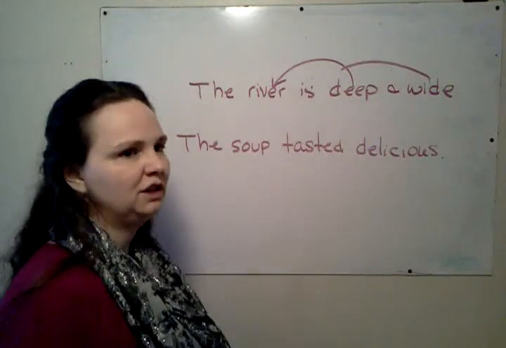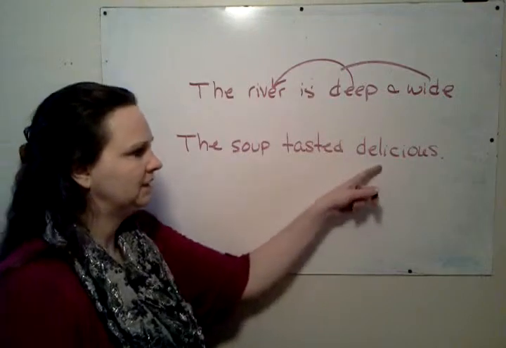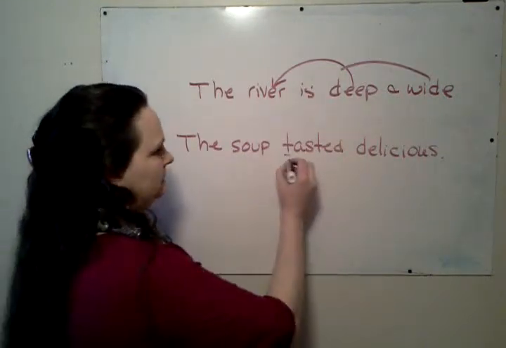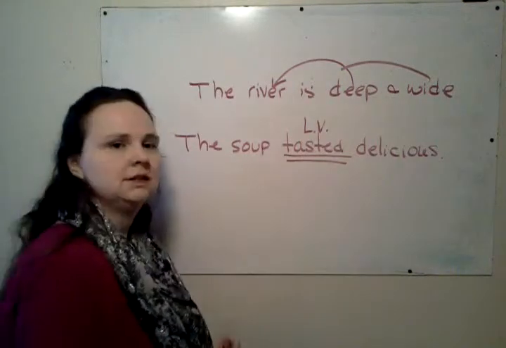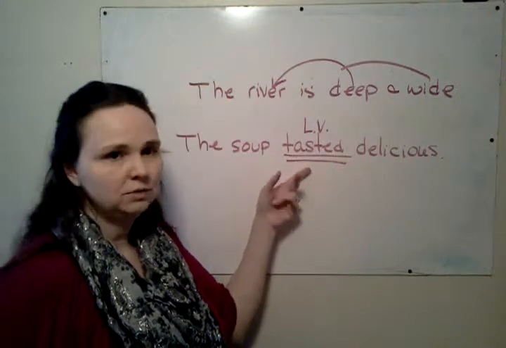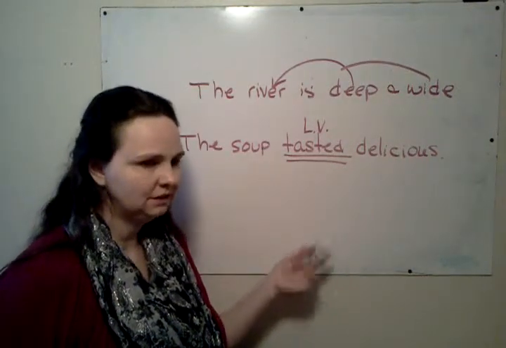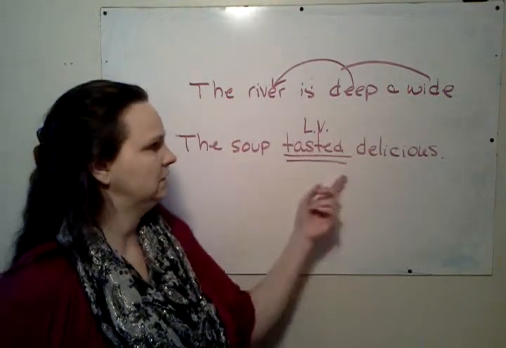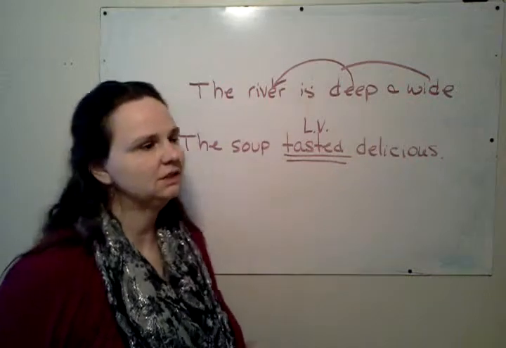Delicious is an adjective telling us what kind of soup. It's a predicate adjective. Remember, predicate adjectives have to follow linking verbs. Is this a linking verb? Yes, it is. How do you test to see if something's a linking verb? Number one, you substitute it with a form of be. If the form of be will fit, it is a linking verb. I could say the soup is delicious. The soup was delicious. The soup has been delicious.